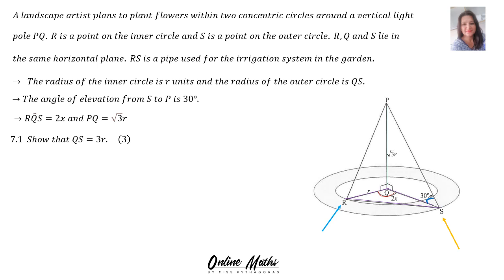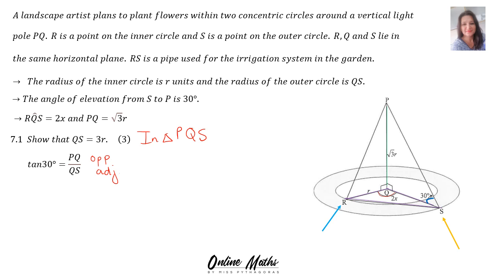Now we find QS is part of that right angle triangle, triangle PQS. And then we find that tan 30 is PQ over QS. Tan is opposite over adjacent.